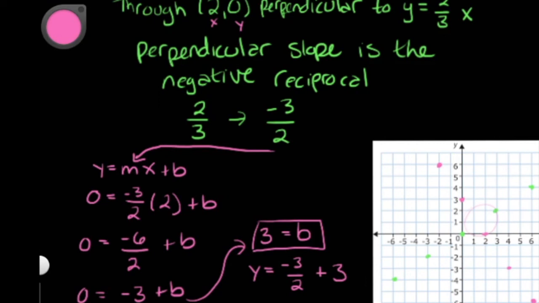So they cross because they're perpendicular. So that's what you've been asked to do in that second part. And I'm going to leave this with you today. So you're going to find the equation of the line, either parallel or perpendicular.